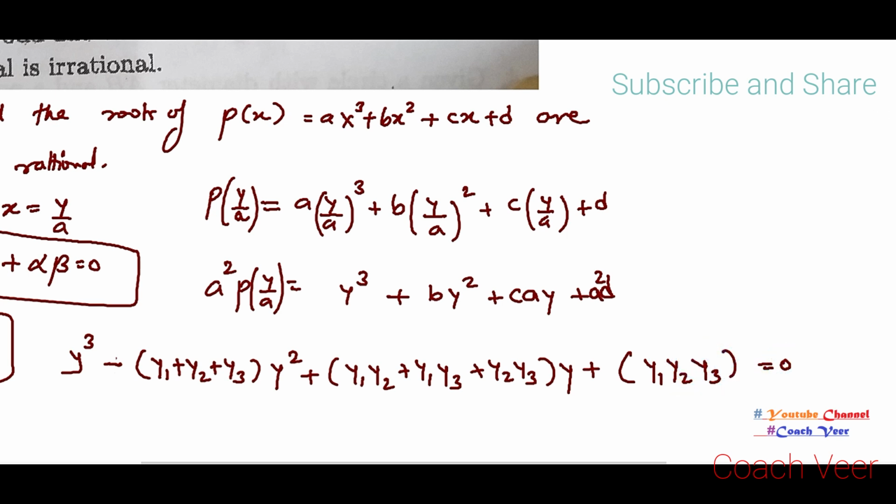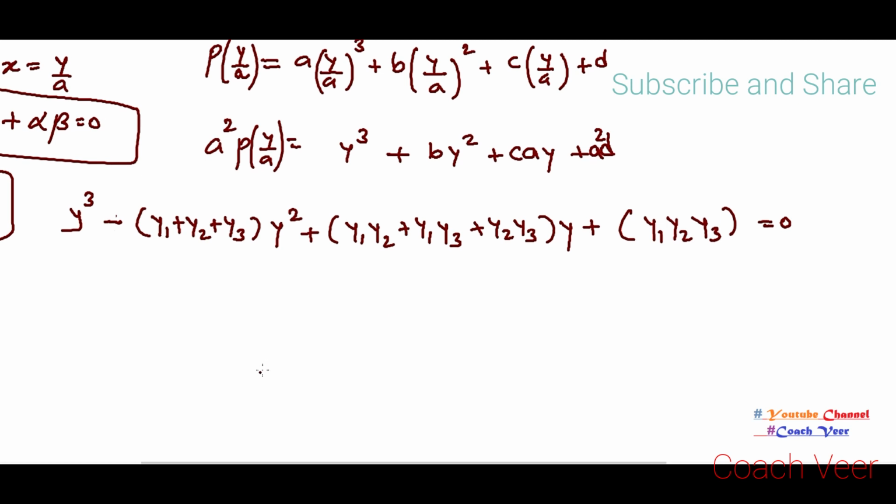So here we need to compare things. We get that y1 plus y2 plus y3 is equal to negative of b, correct?